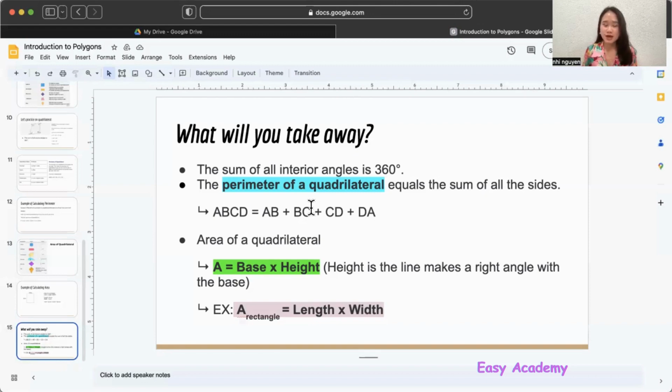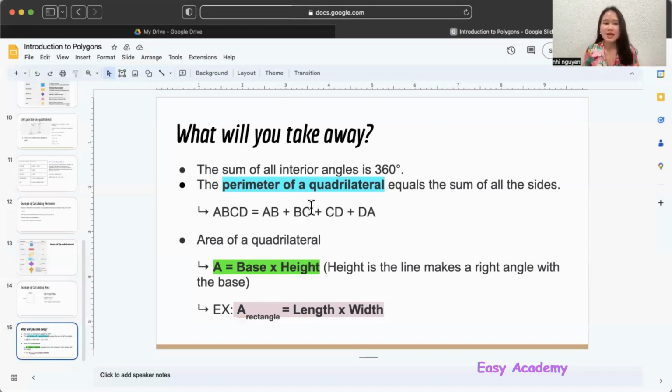Second, the formula to calculate the perimeter of a quadrilateral: the perimeter equals the sum of all the sides. If I have a quadrilateral named ABCD, then its perimeter is going to be the length of AB plus BC plus CD plus DA.